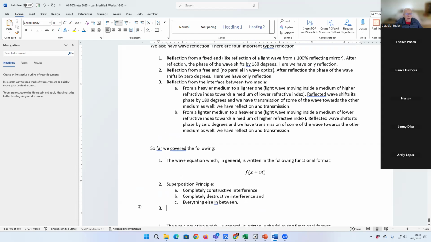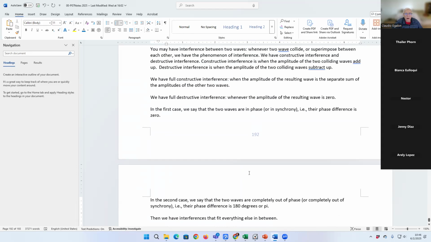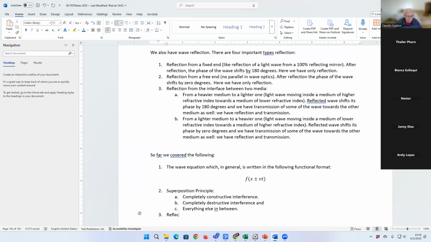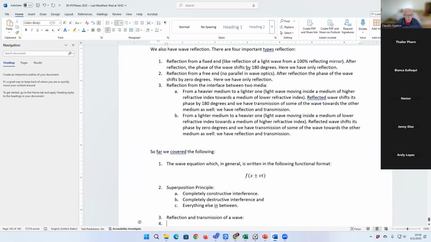And what else? Reflection and transmission of a wave. Reflection from a fixed end, no transmission.